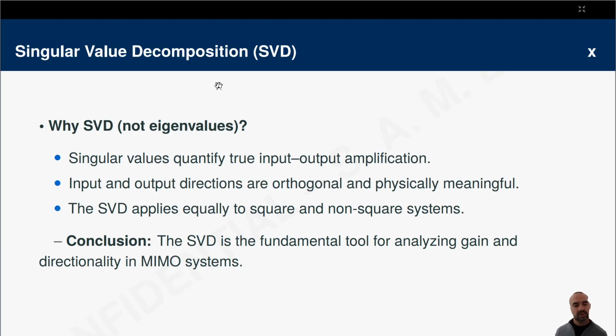And now, why SVD again? Just to recap, singular values quantify input-output amplification. Input and output directions are orthogonal and physically meaningful, and the SVD applies equally to square and non-square systems. Eigenvalues show internal behavior, but singular values show external behavior.